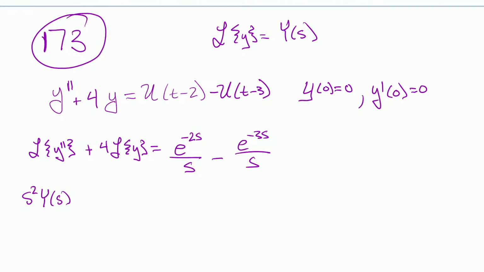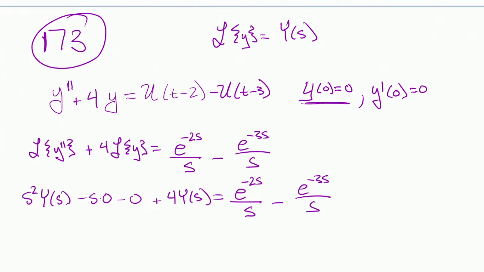So you have that minus s times the initial condition, minus the initial velocity, which I made both 0 just because I don't want things to be too ugly. Then I'm going to add to this 4 times the Laplace transform of y, and that equals this stuff, which I don't want to have to write again, so I'm just going to copy it. There it is.